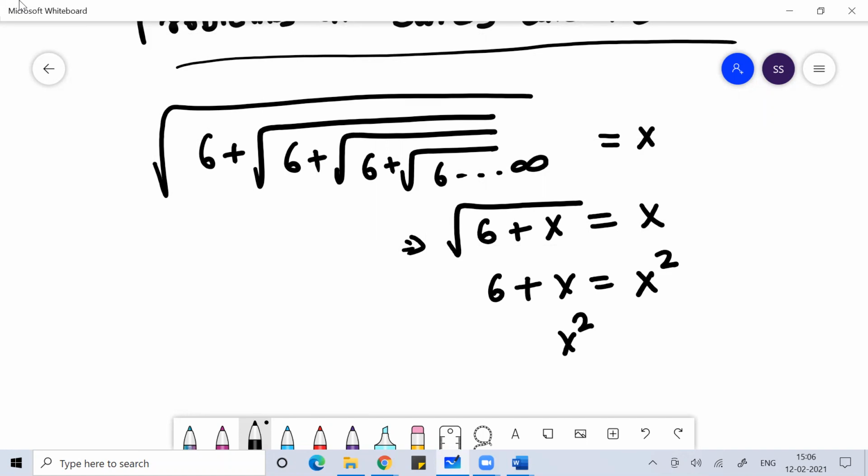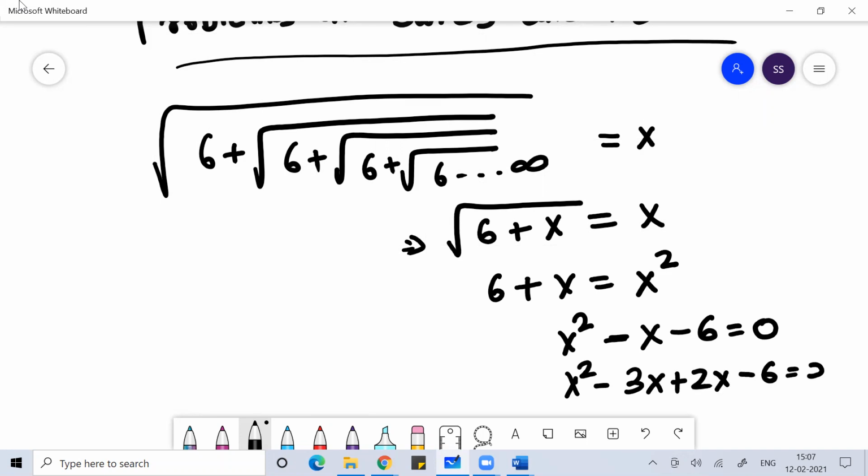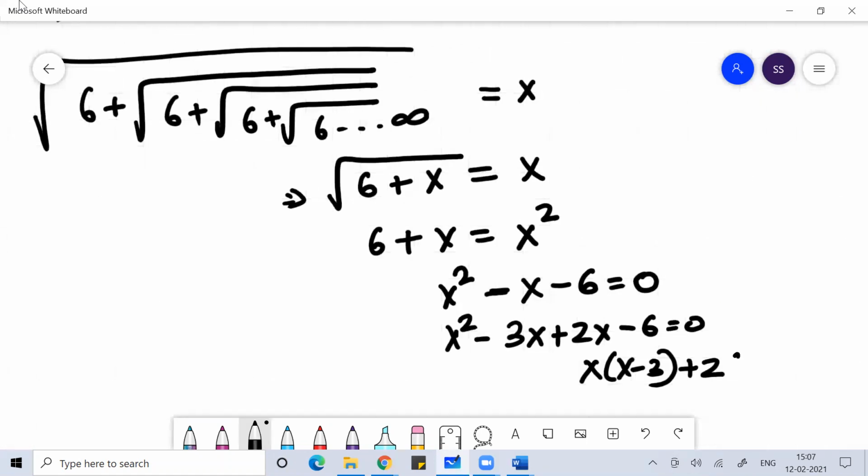So I can say x square minus x minus 6 equal to 0, and then I know how to solve the quadratic equation. x square minus 3x plus 2x minus 6 equal to 0. Then I can take x common: x into x minus 3 plus 2 into x minus 3 equal to 0.